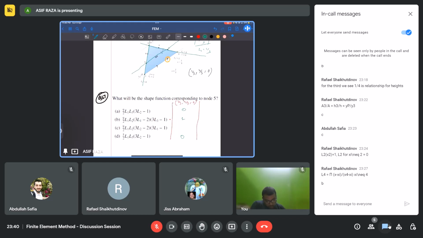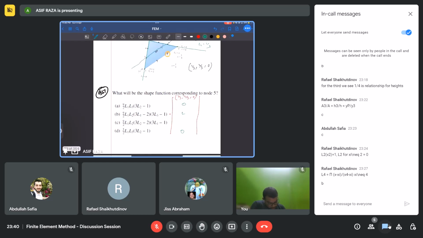That's one. Similarly for option C, 3L2 minus 2. This is L2 is 2 by 3, this is 0, right? 2 by 3, 2 minus 2, 0.